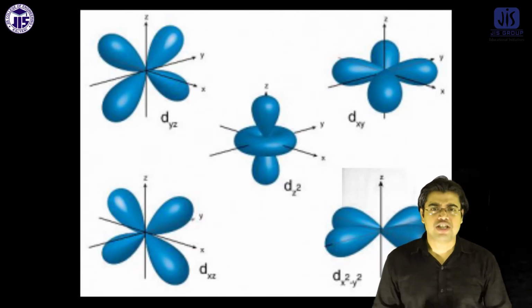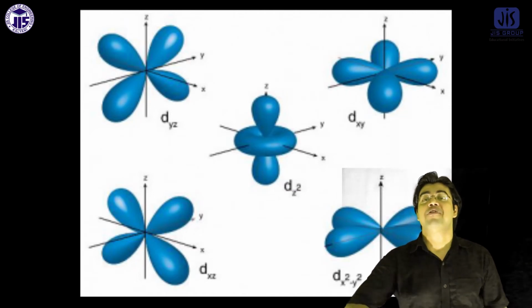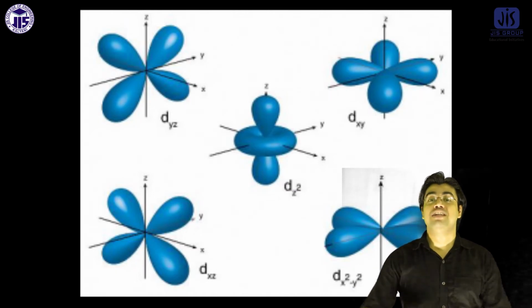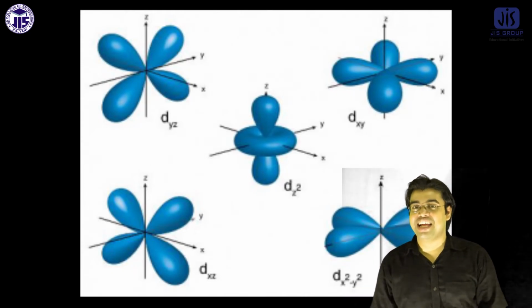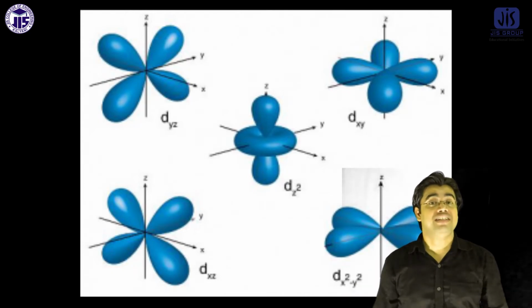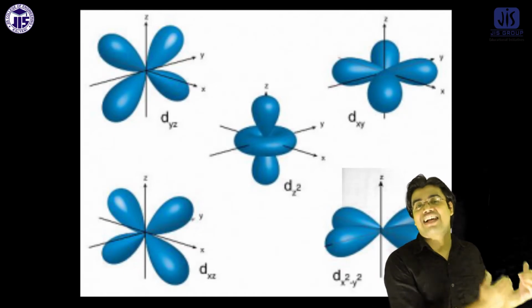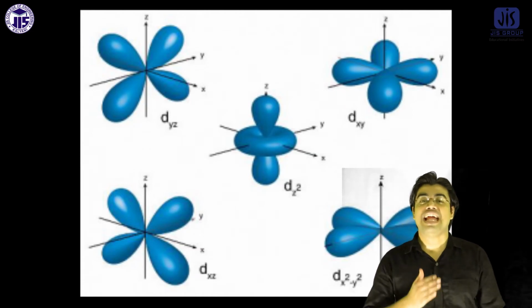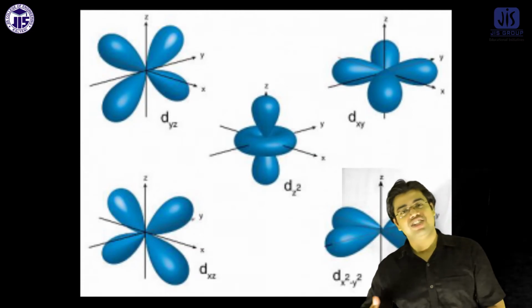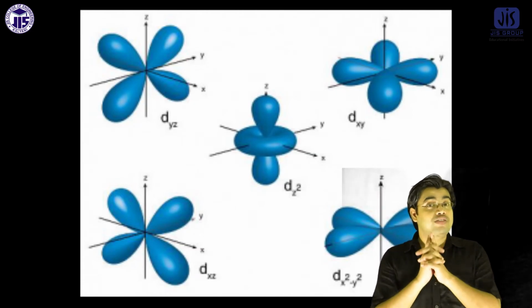There are some differences between the first 3 and the remaining 2. The first 3, dxy, dyz and dzx, are in between the axes. But the last 2, dx square minus y square and dz square, are on the axes.